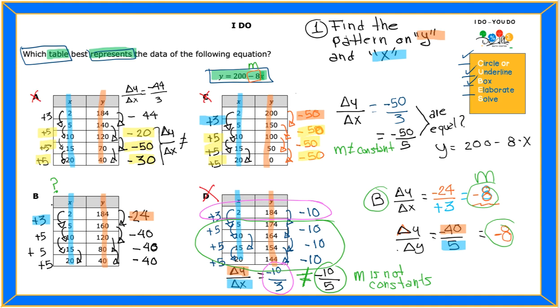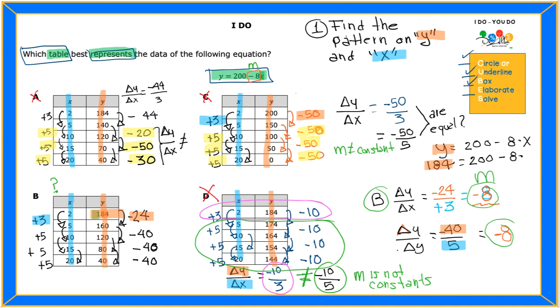I'm going to do substitution with table B, with one value. This one here is 180. So instead of y, I'm going to plug in 180. I'm getting this from the orange side. And that should be equal to 200 minus a that multiplies x.